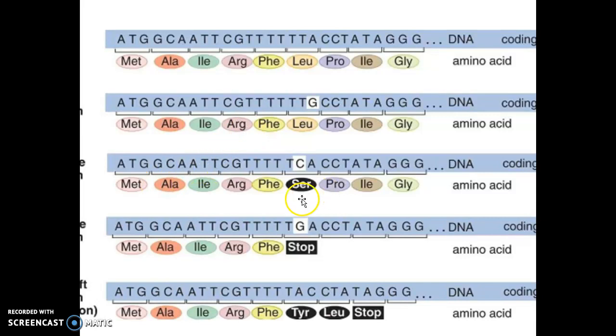The third example is kind of what I just did with the fat cat ate the rat. This is sometimes also known as a missense mutation. It's a point mutation, because it just changes one amino acid. It started as leucine, but now it has changed to serine because of this change right here.